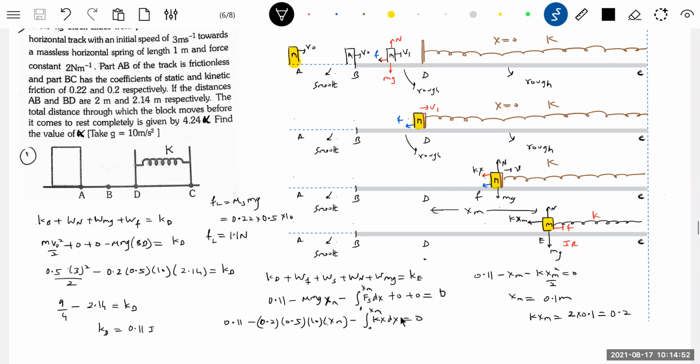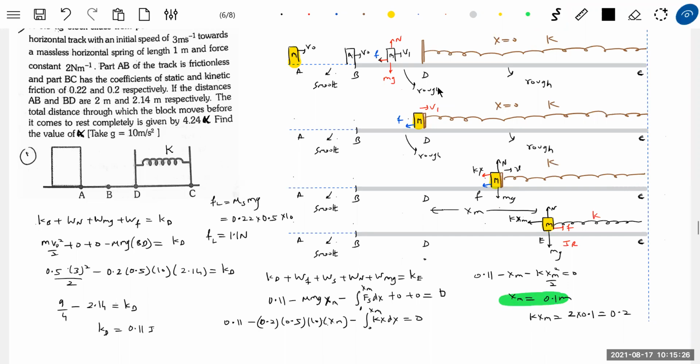The xm value somebody has to verify. xm is 0.1. Kxm. Okay, fine. I think most of you gave this one.